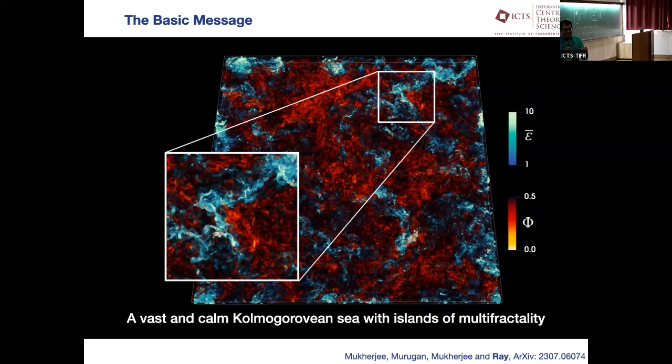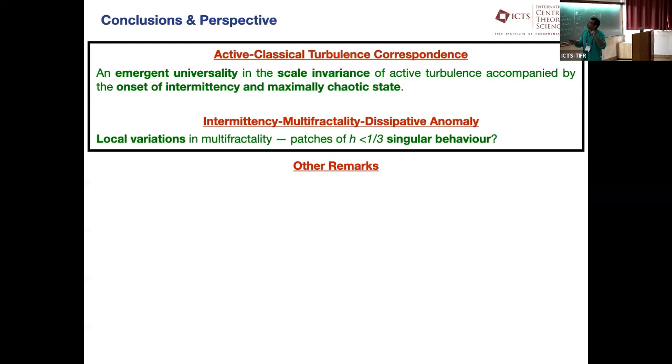And the islands of multifractality are coherent structures, isolated, dispersed. We need to now look at the time evolution of this, how long they persist, and what the correlation is with this.